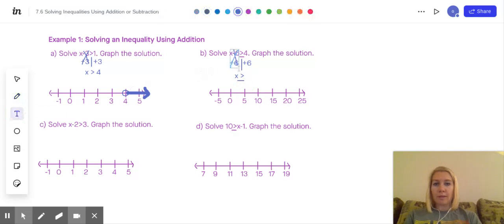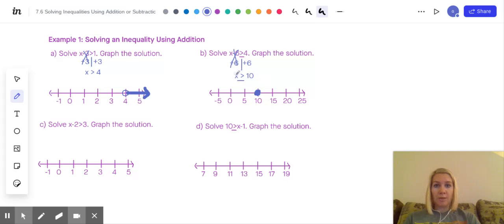let's solve the right side. Let's see, 4 plus 6 is 10. Okay, now let's graph that. We have a greater than or equal to symbol, so that means that my circle is going to be filled in, meaning that 10 is a solution to the inequality because it says greater than or equal to.